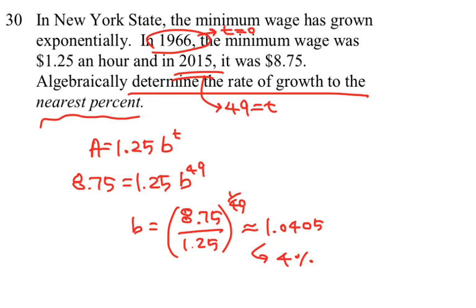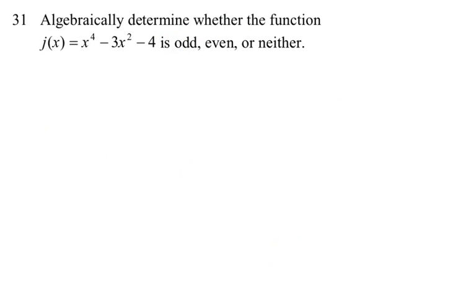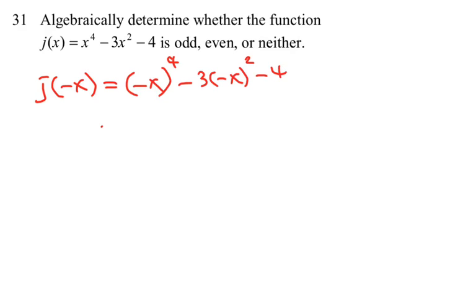Alrighty, let's look at number 31. We want to show whether this one is odd or even. So the way we can do it is by substituting negative x in place of x. As you can see, we have negative x, the quantity raised to the 4th power, and negative 3 times negative x to the 2nd power, and minus 4.